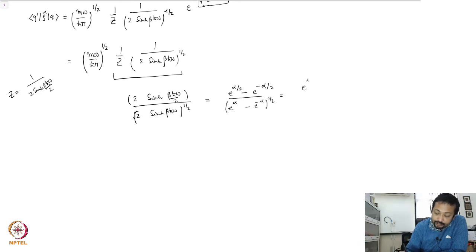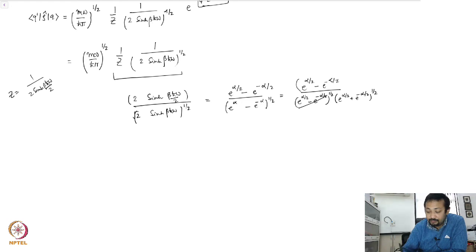This simplifies to minus alpha by 2 divided by e to the power alpha by 2 minus e to the power minus alpha by 2 raised to the power half times e to the power alpha by 2, e to the power minus alpha by 2 raised to the power half.